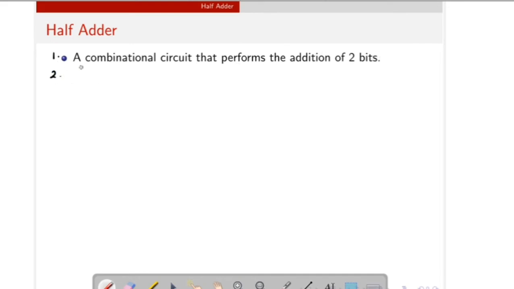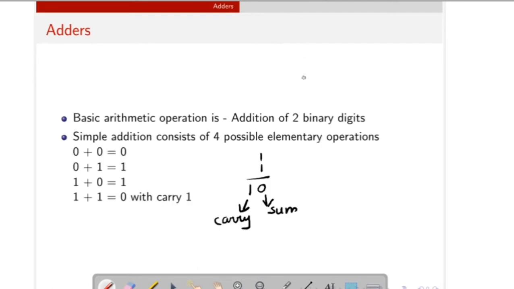The second step is we have to identify the available inputs and the required outputs. Here we have to add two bits, so we have two inputs. When you add two bits, from the previous elementary operations, for the first three combinations we have one output and for the last combination we have two outputs. So generally we have two outputs.